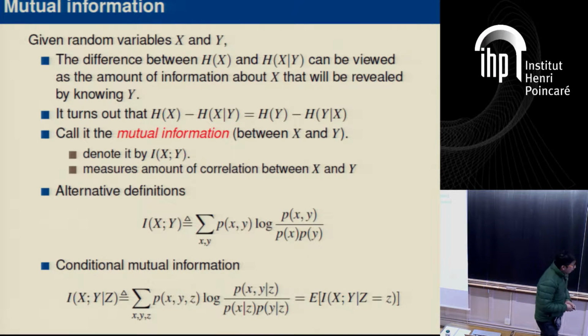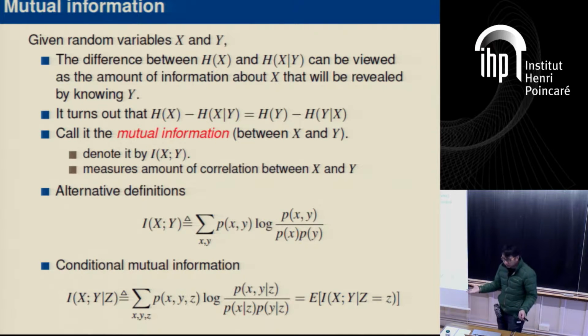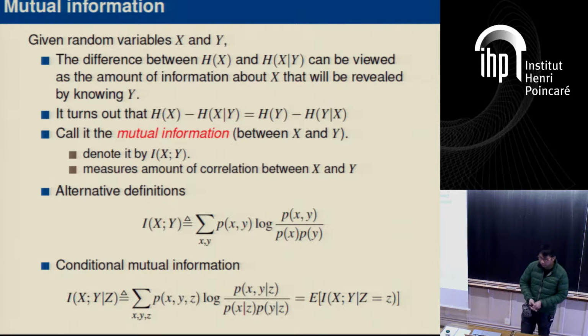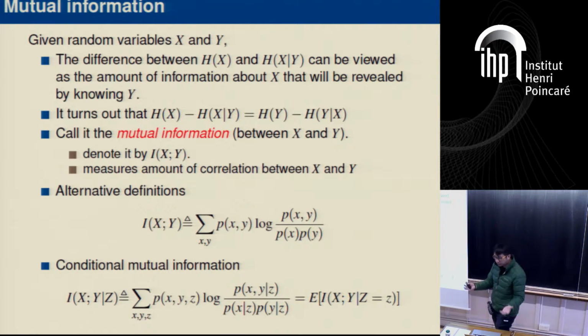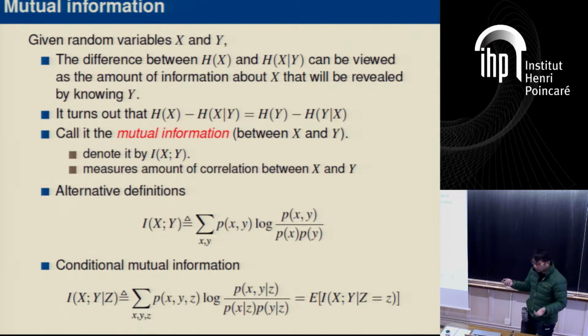So the next important concept is the mutual information. If we're given two random variables X and Y, we can always compare the difference between the entropy H(X) and the conditional entropy H(X|Y). Again, what does it mean?